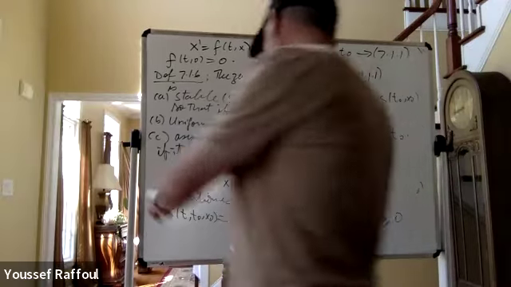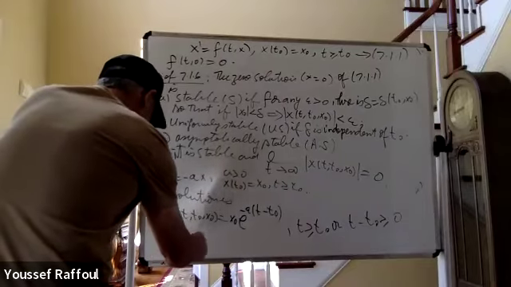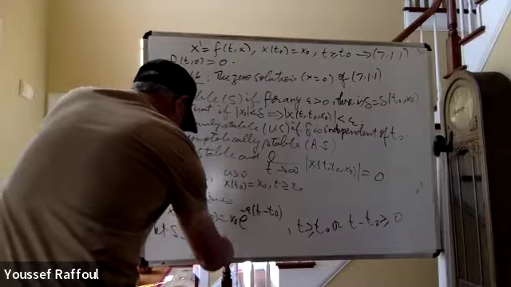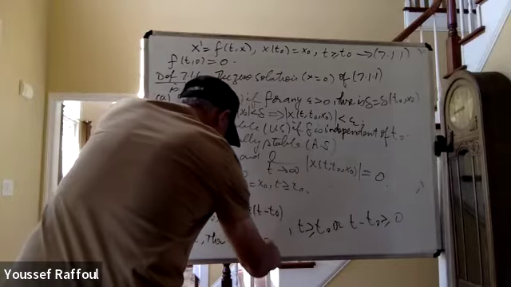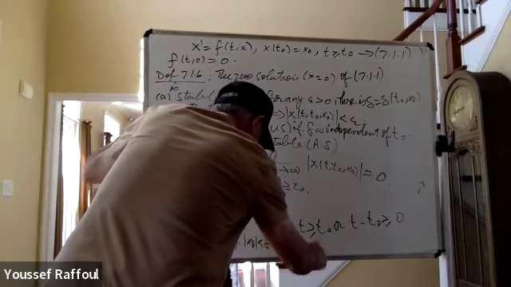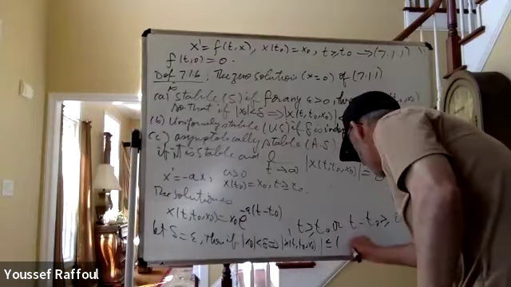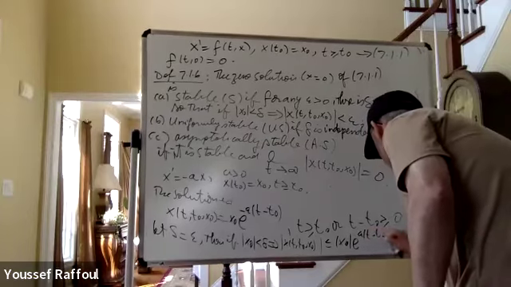So let delta equal to epsilon, then if the norm of x naught is less than delta, it implies the norm of x(t, t naught, x naught) is less or equal to x naught e to the minus a times (t minus t naught).